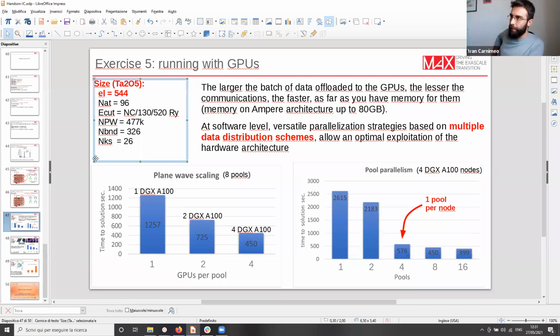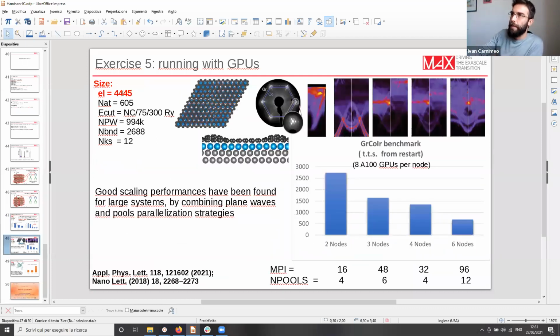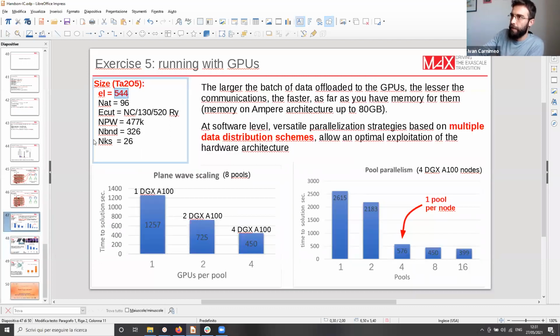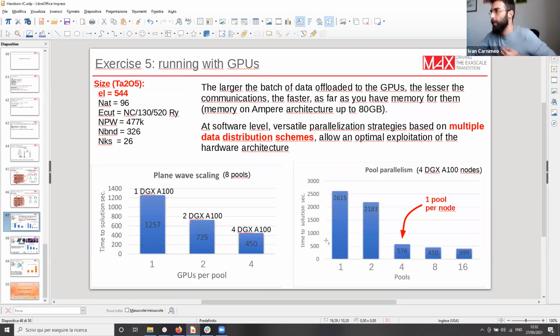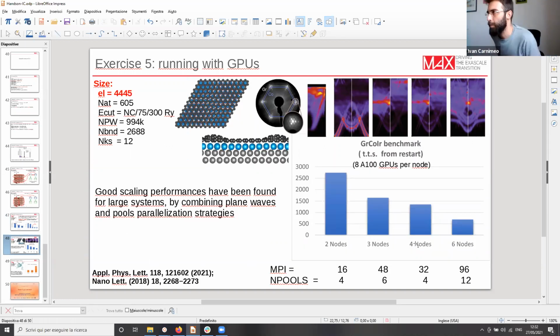Here we have an even larger system. In the previous case we had 500 electrons, and here we have 4,000 electrons. And again, we see a very impressive speed up, passing from 2 nodes to 6 nodes. We have to remember that these nodes have 8 GPUs per node. Maybe I said 4 before, but each node here has 8 GPUs.